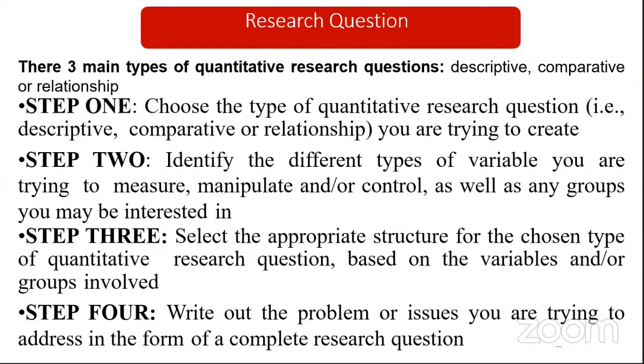We have principally two types of variables, the independent and the dependent variable. The independent variable is a variable of interest that we manipulate to see how it affects the dependent variable. The dependent variable refers to the outcome variable, the variable whose effect we are trying to examine. So it's the outcome, the criterion variable.